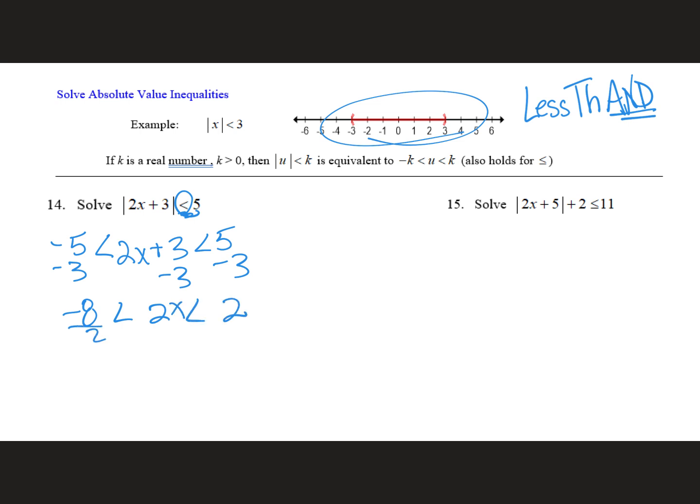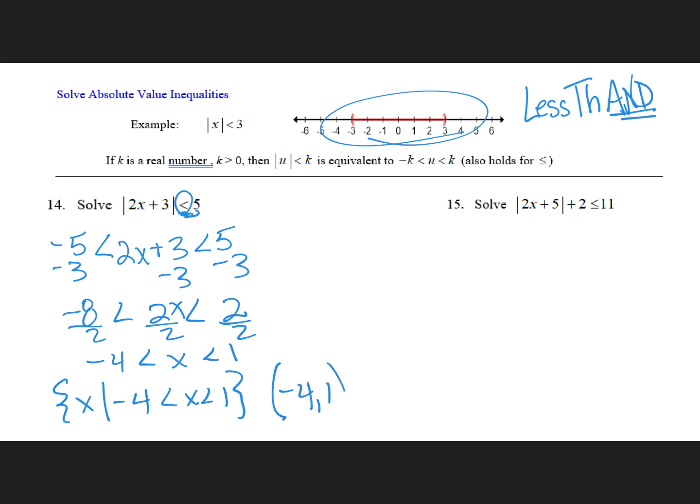Then I'm going to divide by 2. That gives me -4 is less than x is less than 1. So set builder notation, x such that -4 less than x less than 1. Interval notation, there's no equal to, so parentheses -4, 1.